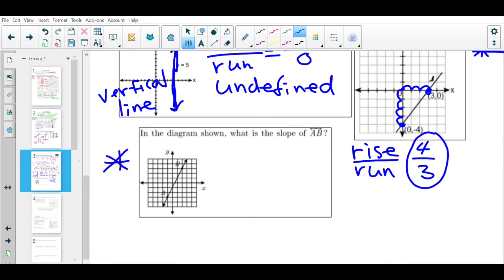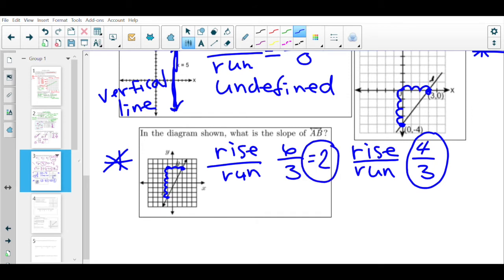On to this one here in the diagram showing line AB. What is the slope of line AB? Let's start here and end here. Again, let's count our rise over run. We get 1, 2, 3, 4, 5, 6, over 1, 2, 3. Let's reduce to lowest terms, and our slope is 2.